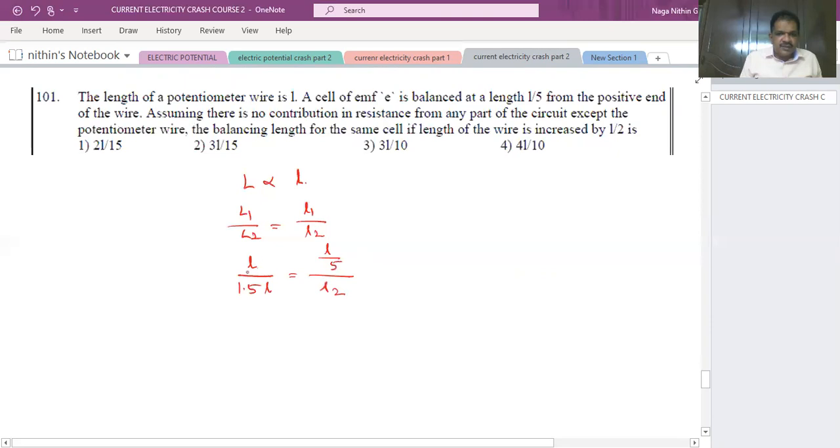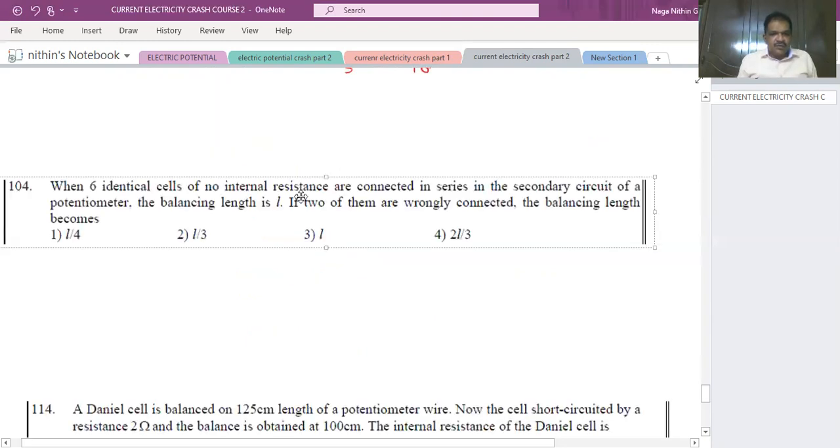This is how much they are asking. So L2 is equal to 1.5 L by 5. This value will be 3L by 10. This is the option.